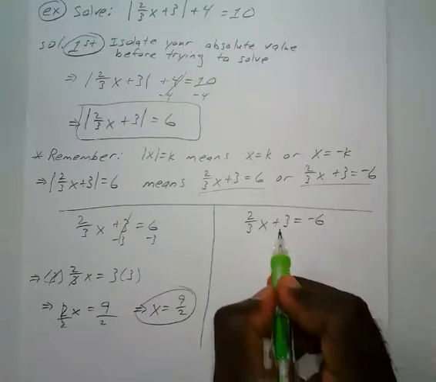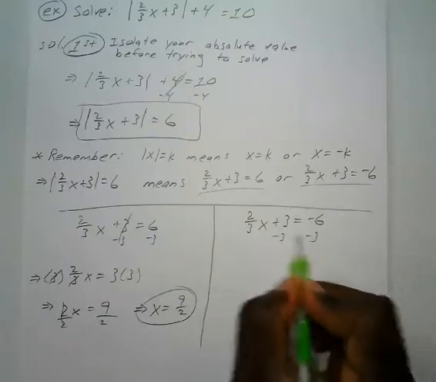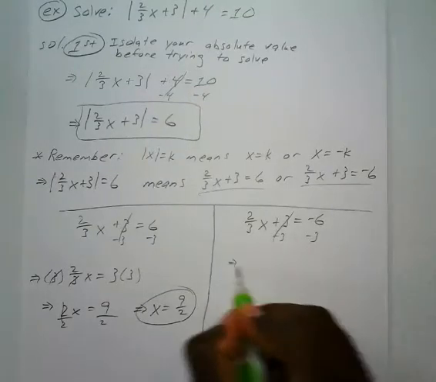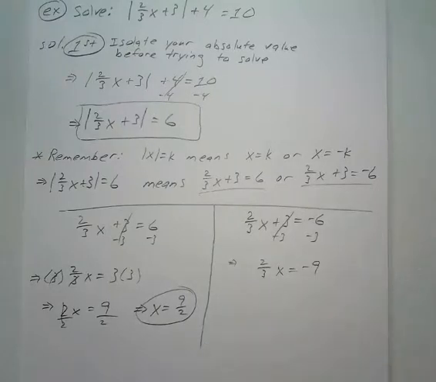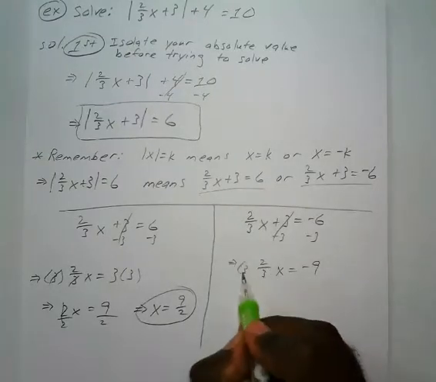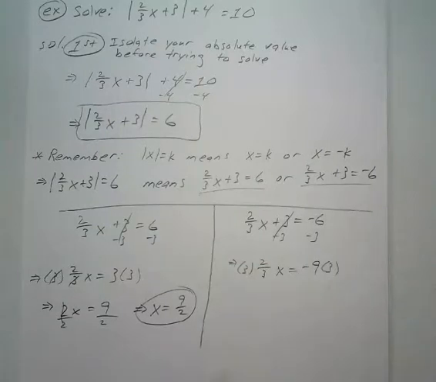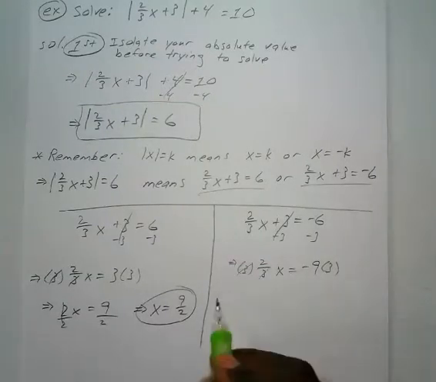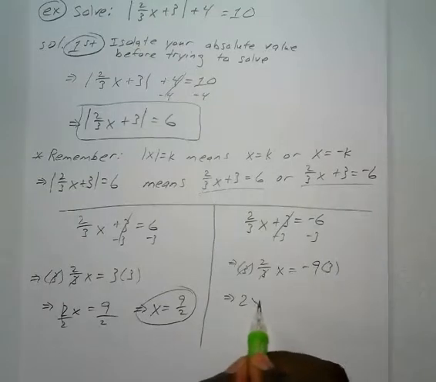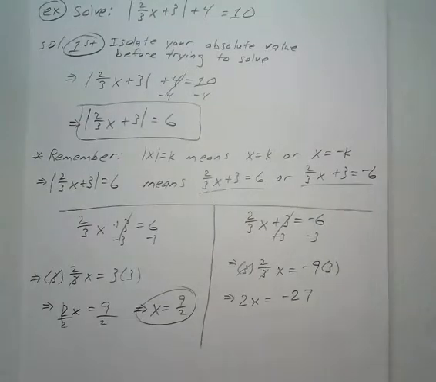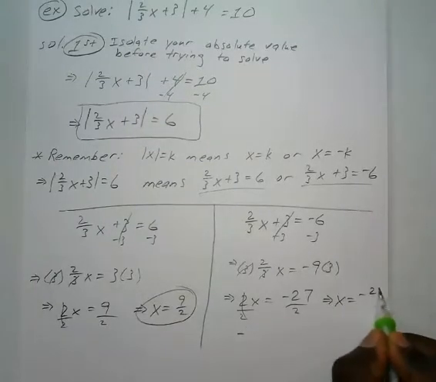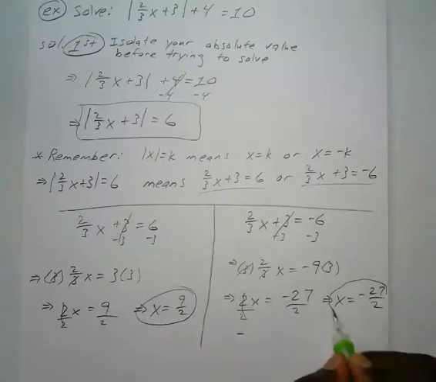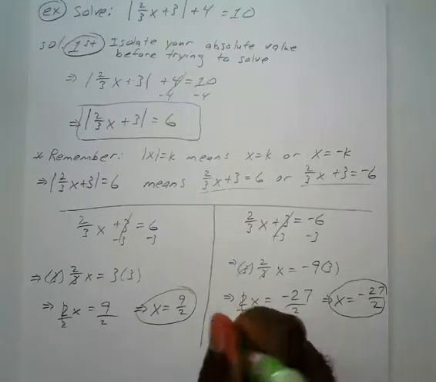Same thing for the other one: we subtract 3 from both sides and end up with 2 over 3x equals negative 9. Multiplying both sides by 3, we have 2x equals negative 27. Dividing both sides by 2, we have x equals negative 27 over 2.